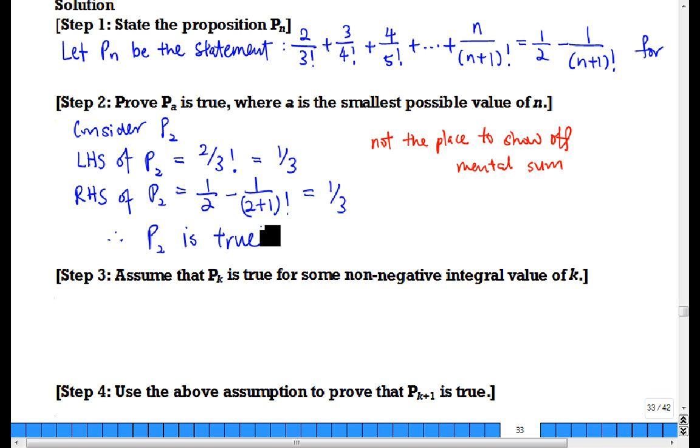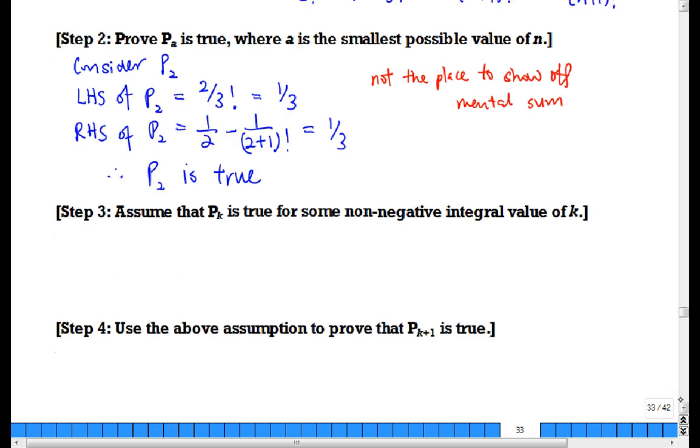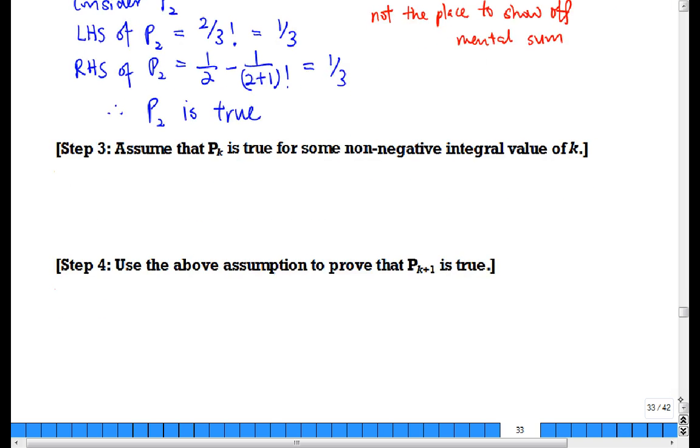Can? Okay, step number 3, assume PK is true for some non-negative integral value of K. For some value of K lah, okay?